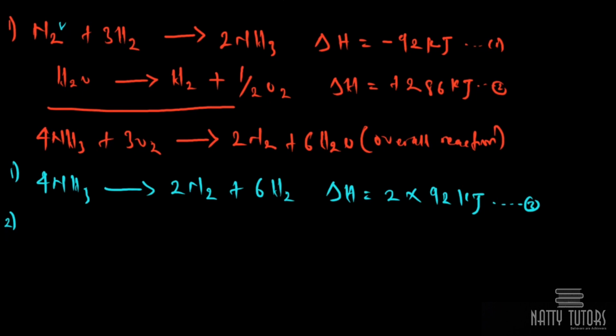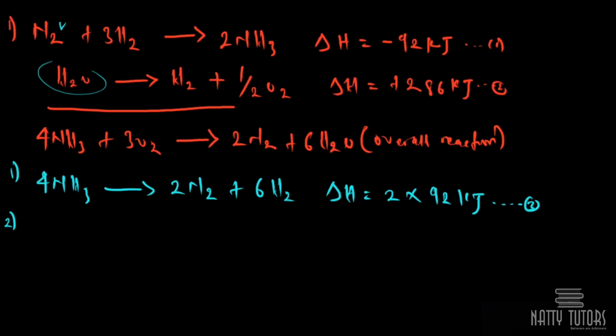So what do we need to do? We need to reverse it. And I said earlier that when reversing, the sign of our change in enthalpy changes. So not only reversing it, from our overall reaction, we can also see that there is a multiplication of 6 here. So we also need to multiply this reaction by 6.